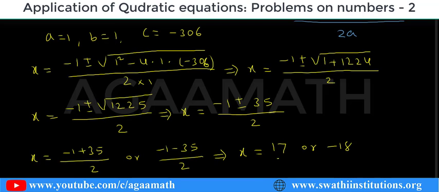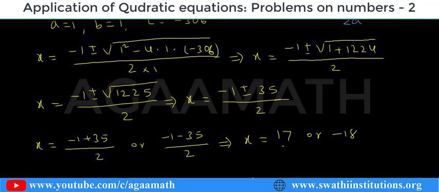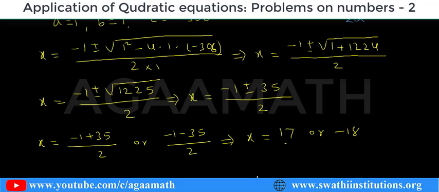So consecutive integers they said, right? Positive consecutive integers. It means x is equal to 17, and that means the positive consecutive integers are 17 and 18.